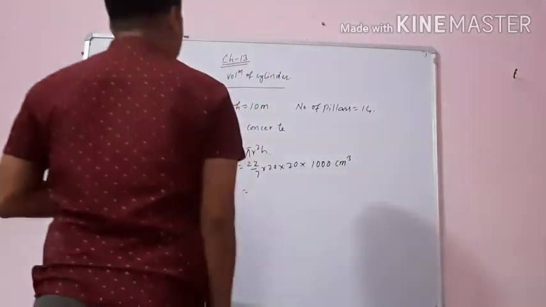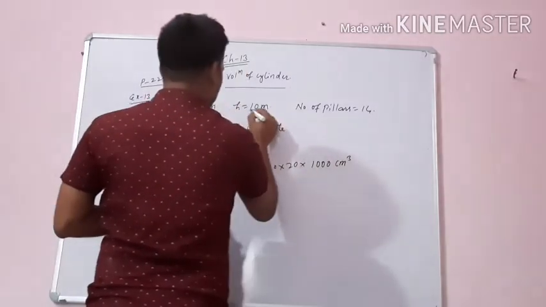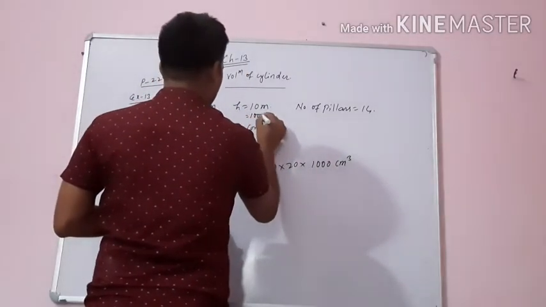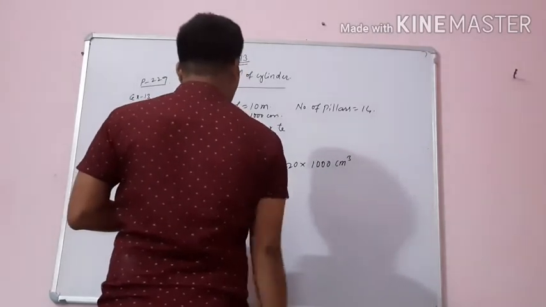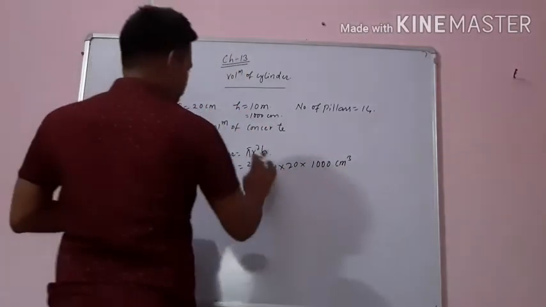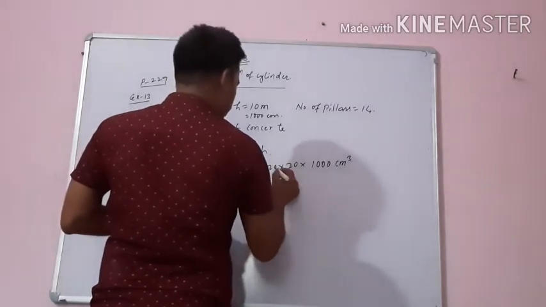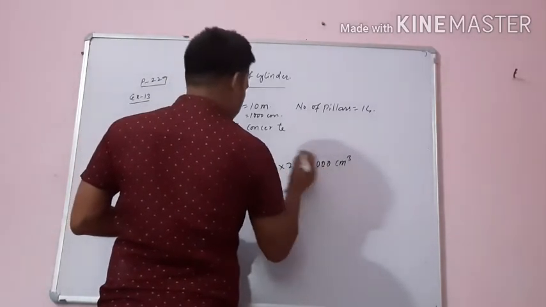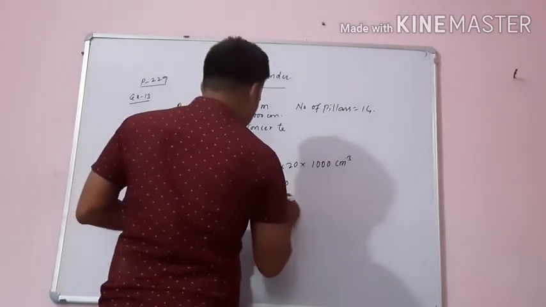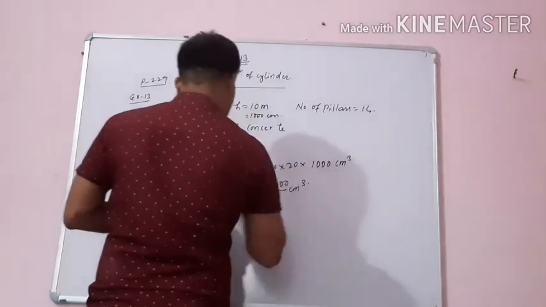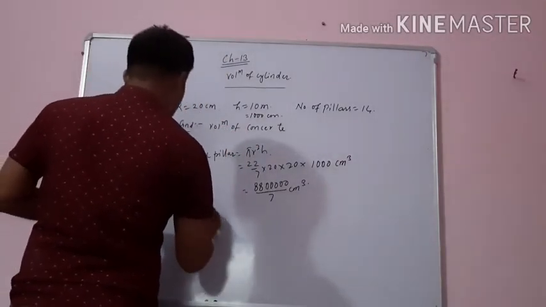Why have I taken 1000 centimeter? Because height is 10 meter, so it will be equal to 1000 centimeter. Now multiply 22 multiply 2, 44, 2 multiply 88. Now count the zeros, 1, 2, 3, 4, 5. 88000 upon 7 centimeter cube.